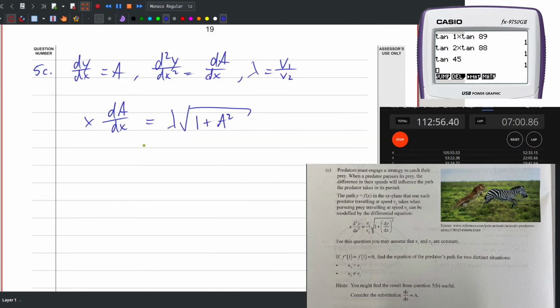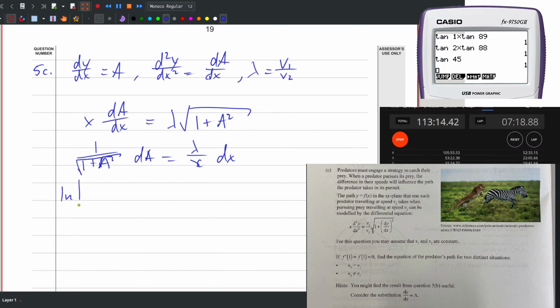And then it's just a normal thing, right? Like 1 over square root 1 plus a squared dA equals lambda on x dx, and then you use the thing, right?